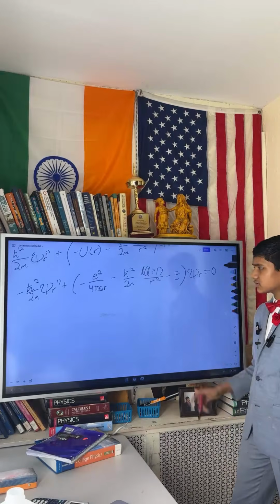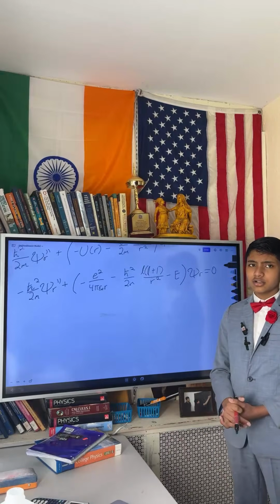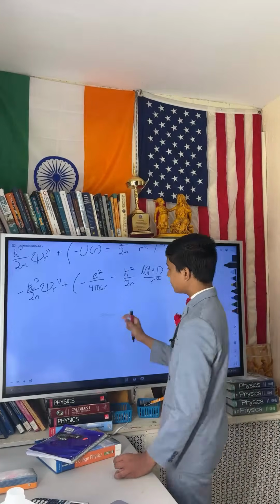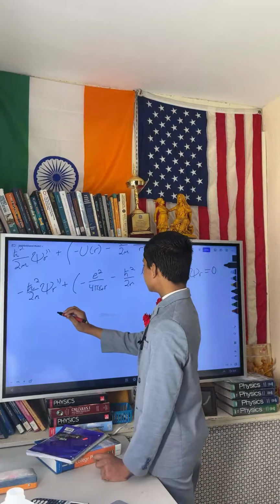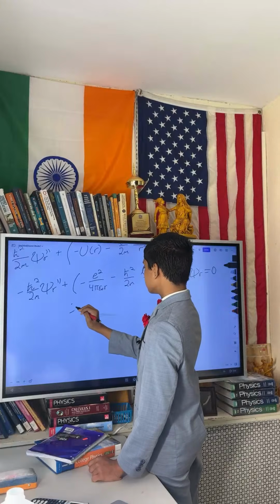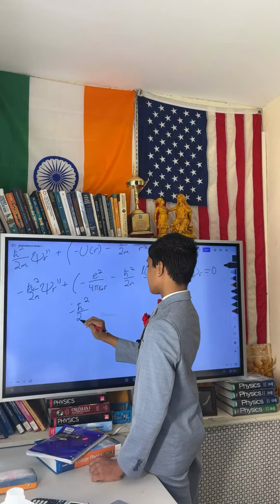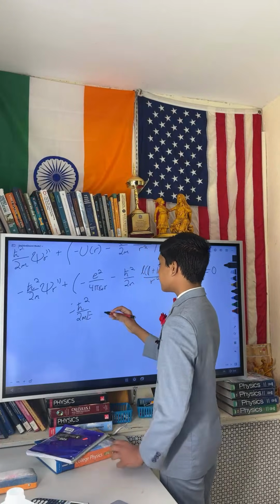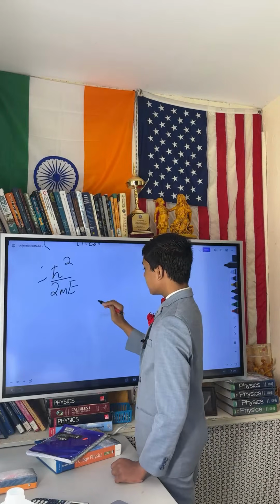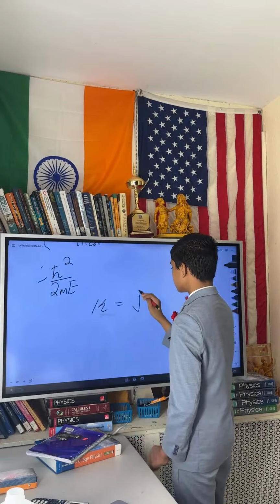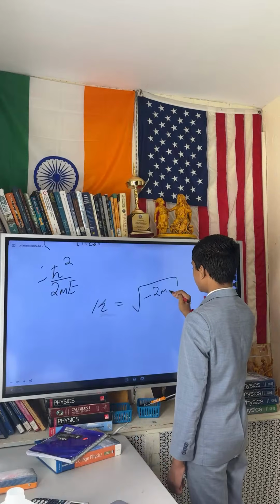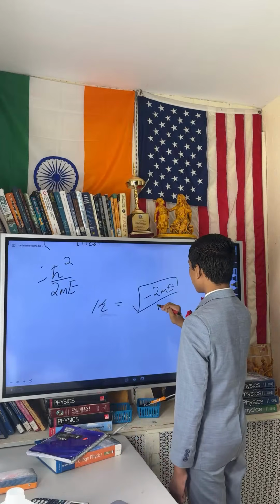Well, first thing first, let's condense all of the constants into one meaty blob. So I'm going to divide both sides by e, and I'm going to set kappa equal to the square root of minus 2me divided by h bar.